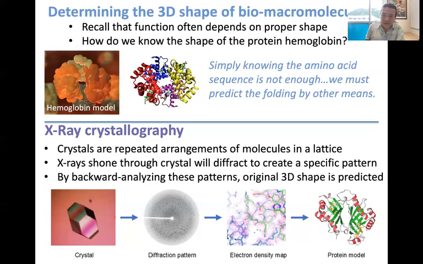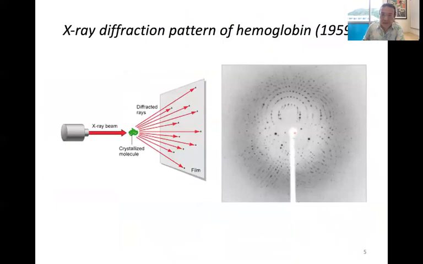And that's what I want to show you an interesting example of today. Okay. So this is the very first image captured through X-ray crystallography of hemoglobin. So this is in the 1950s. So from this, the X-ray crystallography experts were able to tell that this type of diffraction pattern meant that hemoglobin, the molecule, was probably shaped in a certain way.